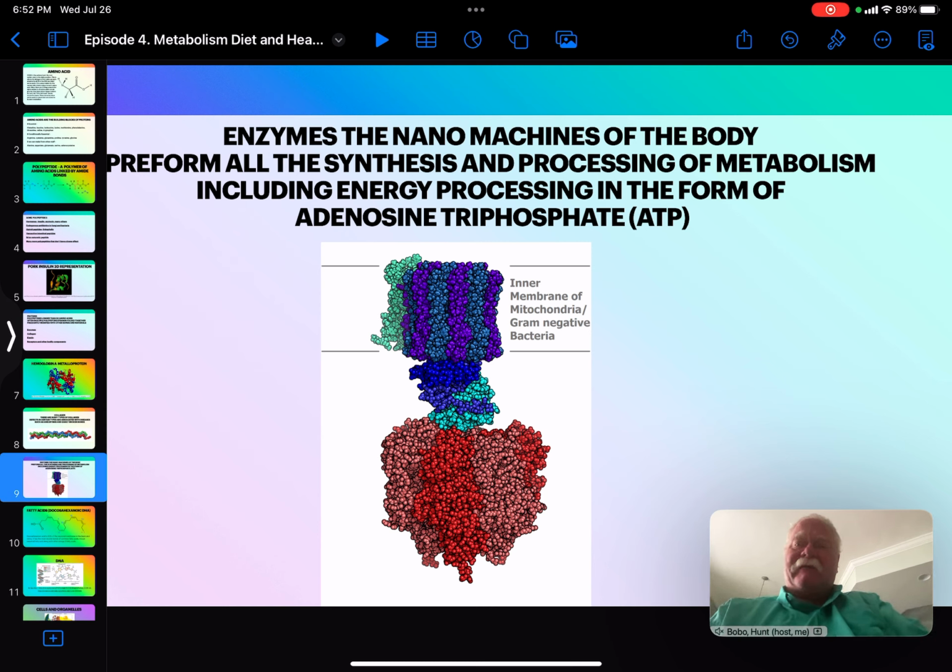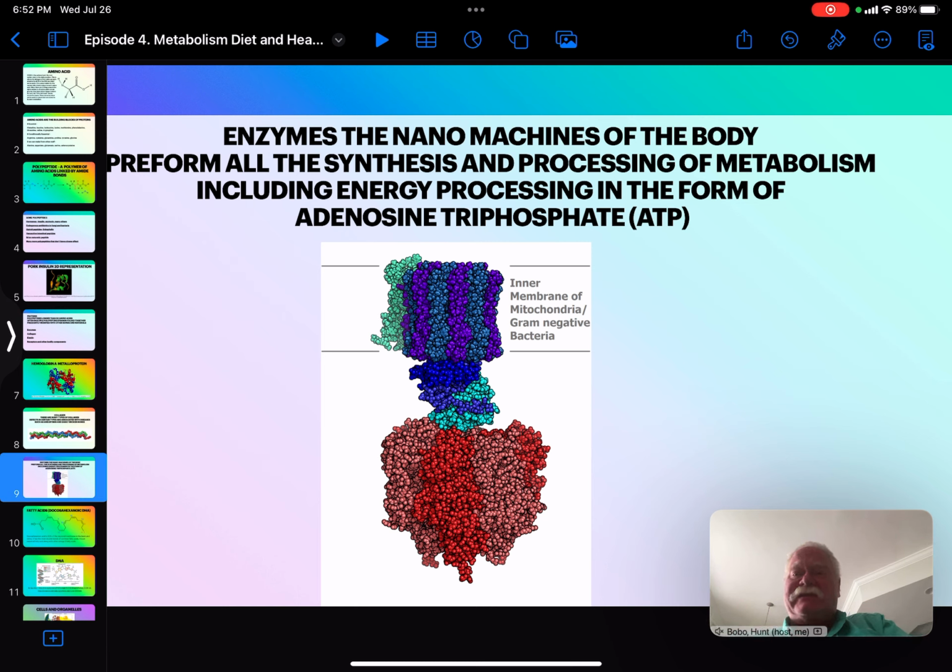This is a good representation of the nano machine that is in the mitochondria. It makes adenosine triphosphate. There's a portion that's inside the membrane, which is basically a lipid bilayer, meaning it's fat soluble. It's a layer of oil.